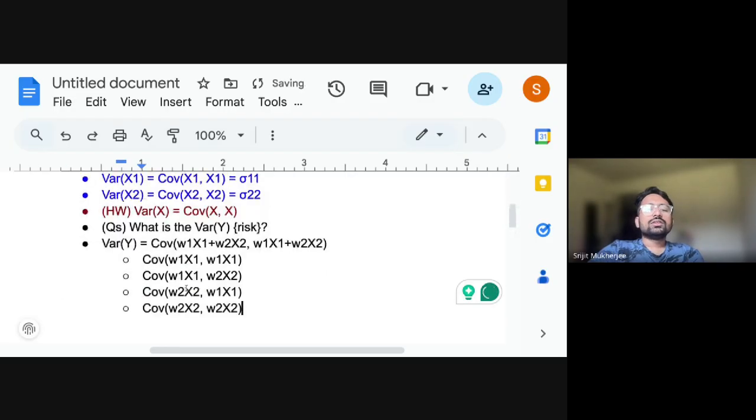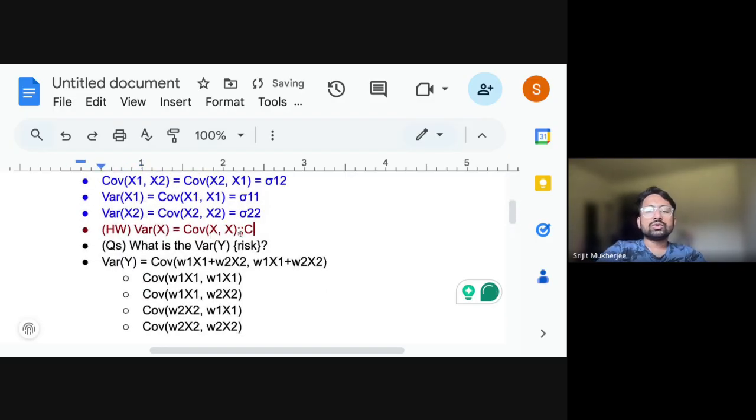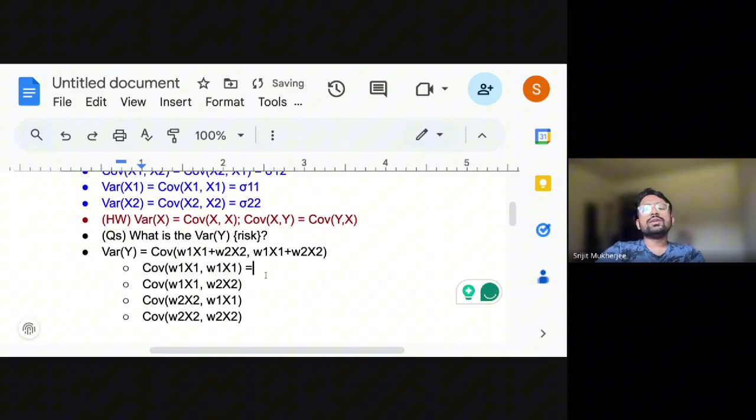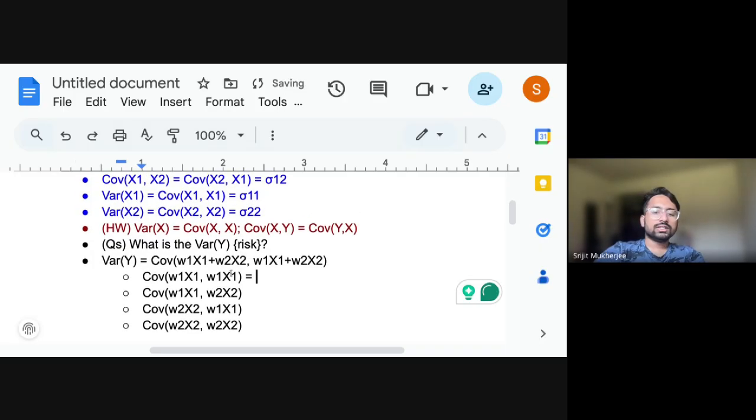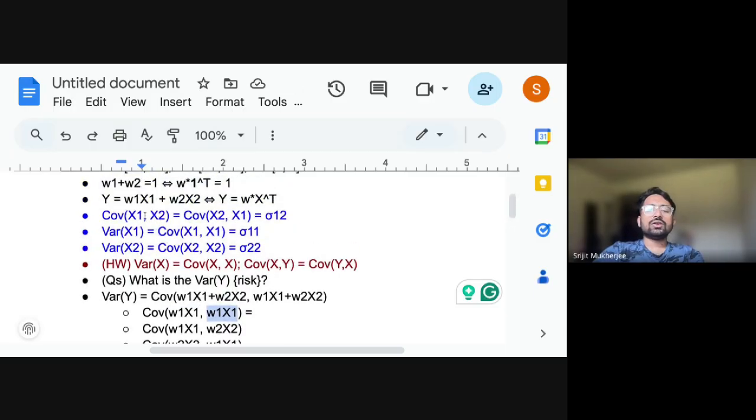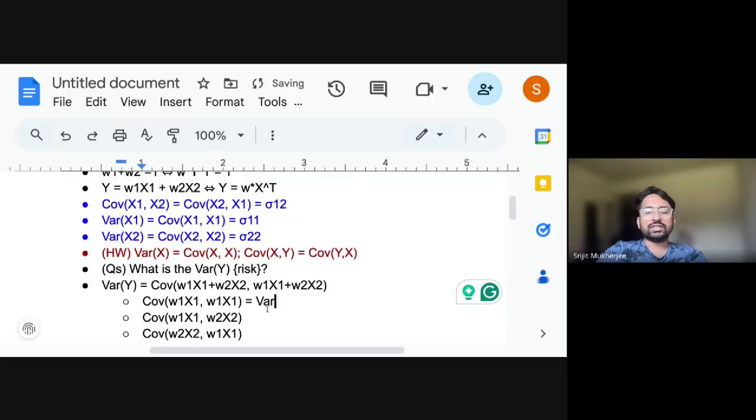Another thing you should know is that the covariance of x comma y is the covariance of y comma x. Imagine this is like a dot product, so the dot product of w1 x1 with itself is nothing but the variance of w1 x1.